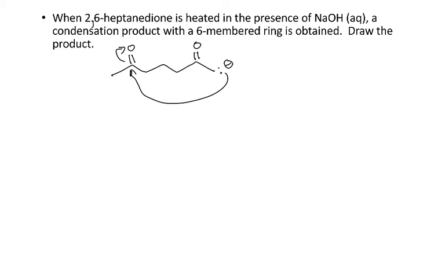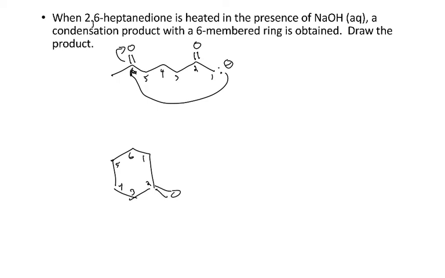So I think the easiest thing to do here is let's number our carbons. The one that's doing the nucleophilic attack we'll call 1, 2, 3, 4, 5, 6. And so we can draw our six-membered ring, and we can start numbering wherever we want. I'll call this 1, 2, 3, 4, 5, 6. So carbon 2 is going to have the carbonyl group.